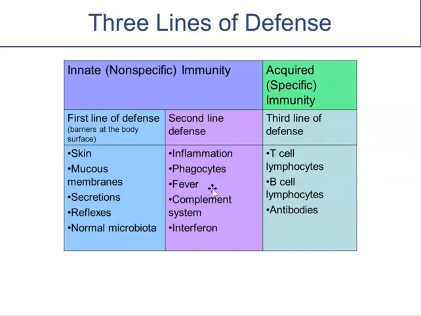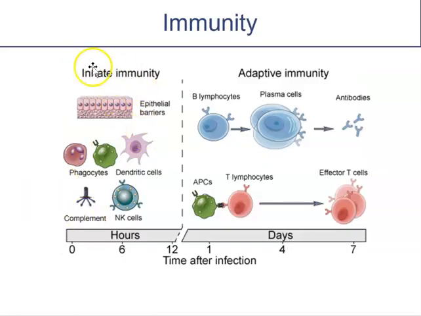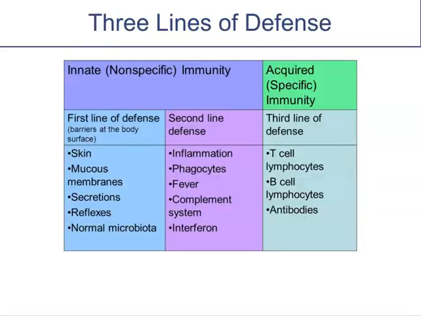So when we look at immunity, it's helpful sometimes to think about your lines of defense. Your first line of defense is just to keep it out. Don't let it get in to begin with. If it gets in, then you go to your second line of defense. Both the first and second line are examples of what we just said were called the innate immune system, because it fights any non-self pathogen.